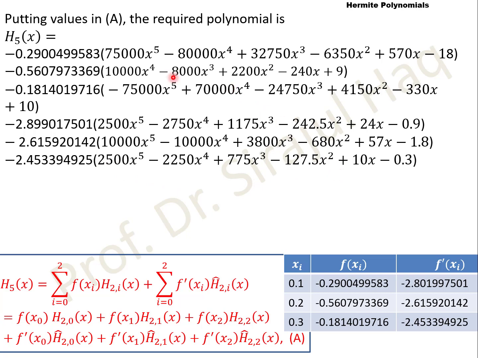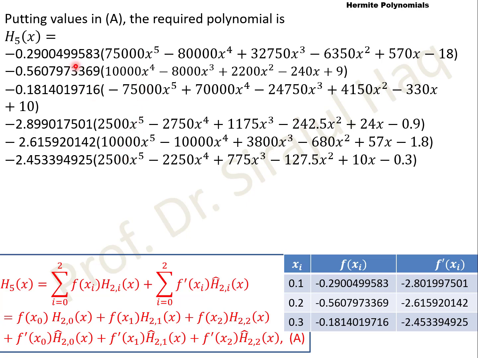Now you can see that if you simplify this, you get a polynomial of degree 5. But remember, you need the multiplication. These are the coefficients of x raised to the power 5.